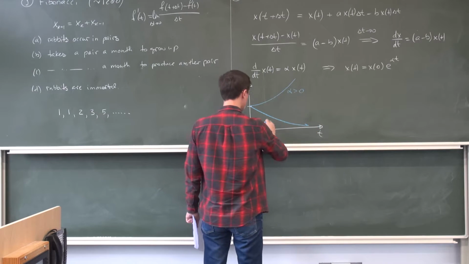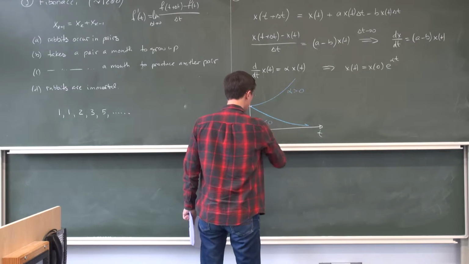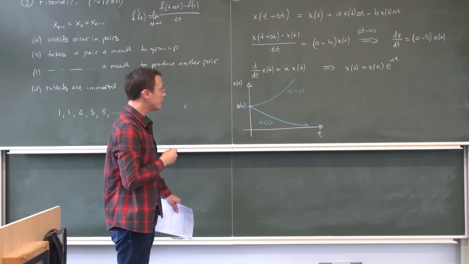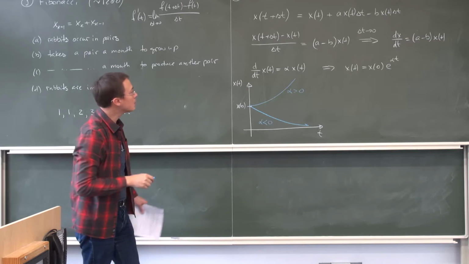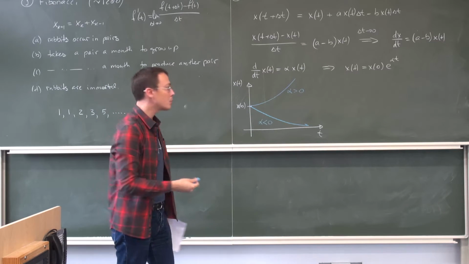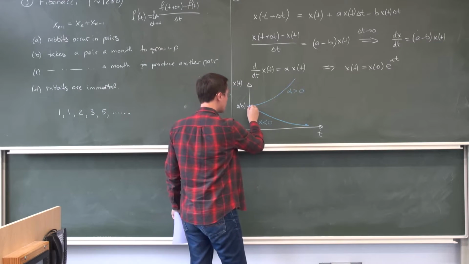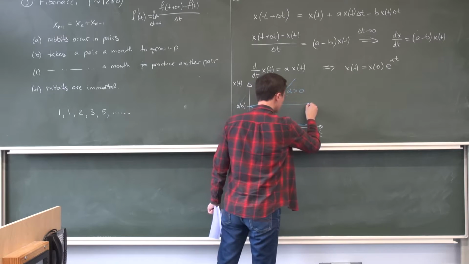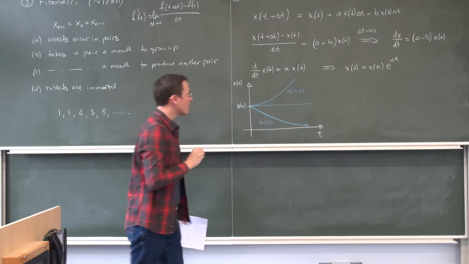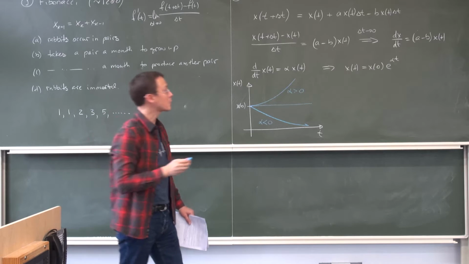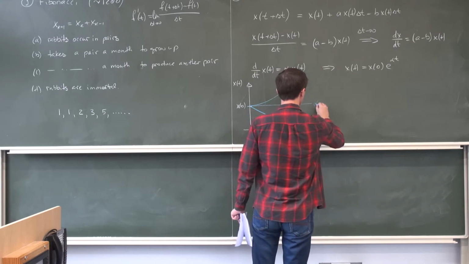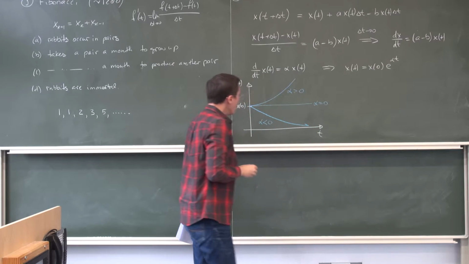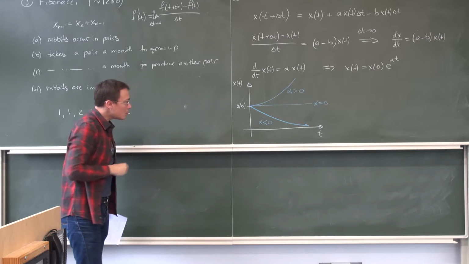It approaches 0. So this is alpha less than 0. And if alpha is exactly 0, then the derivative is 0, the population doesn't change, but that's presumably an unstable situation because it's hard to have the birth rate exactly matching up with the death rate. This is alpha 0.